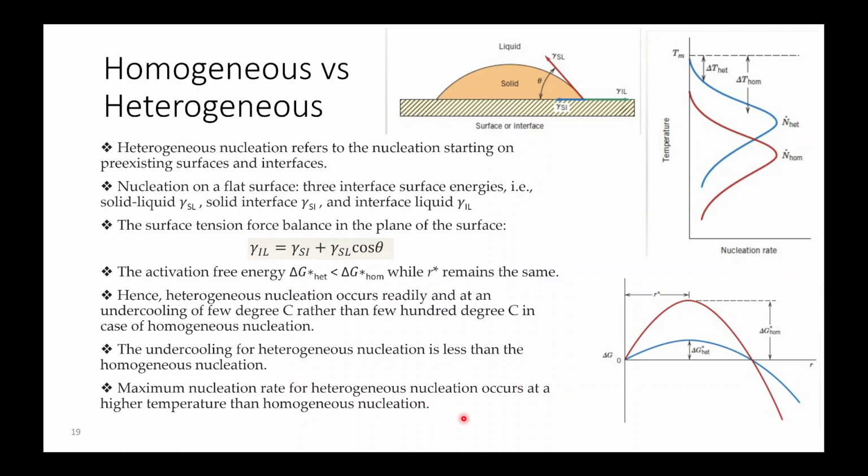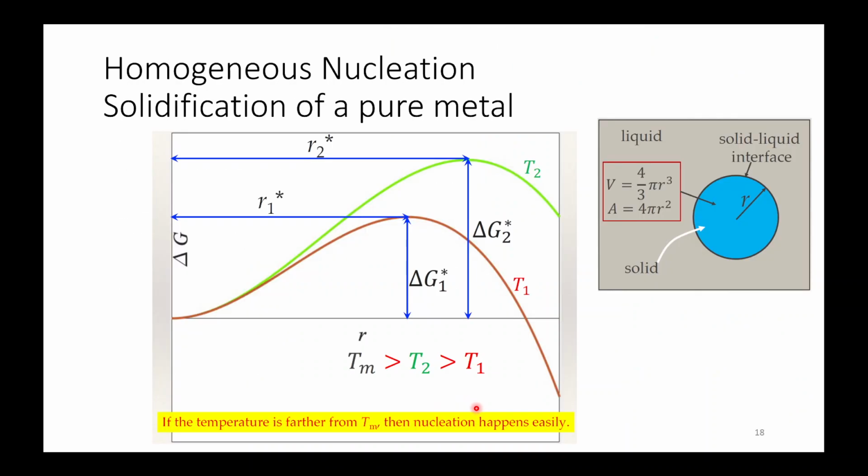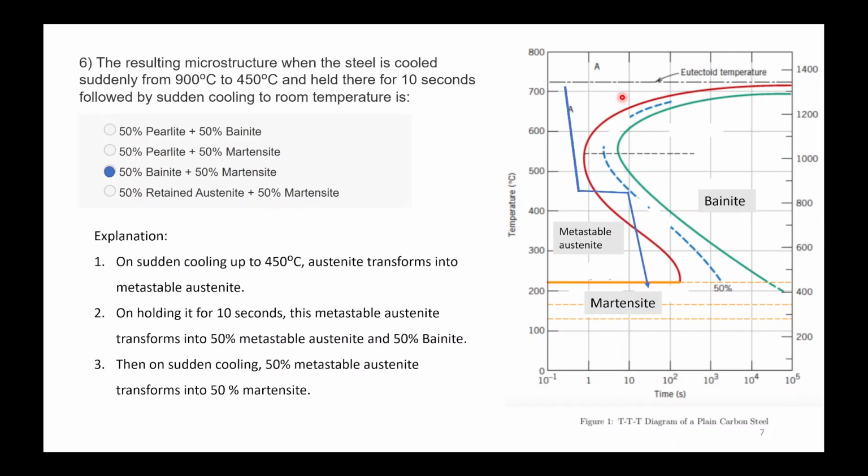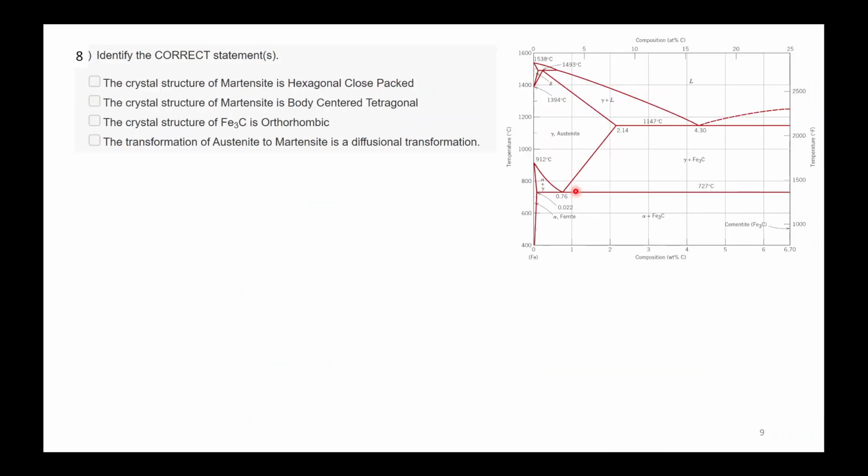Ma'am, by supercooling, do we mean cooling at a higher, faster rate? Supercooling is your delta T that you are providing. In the equilibrium diagram, when you come from this transformation line, your austenite won't directly change to gamma plus Fe3C.